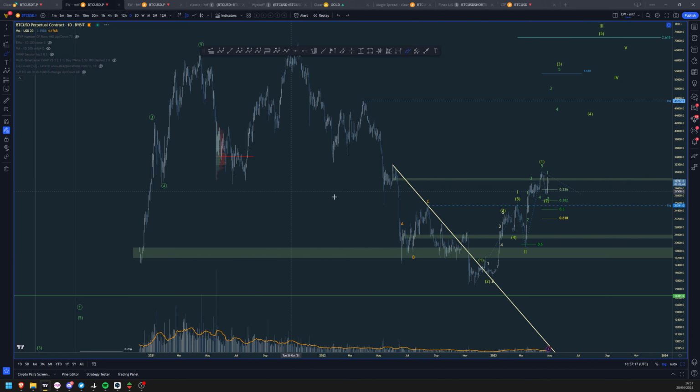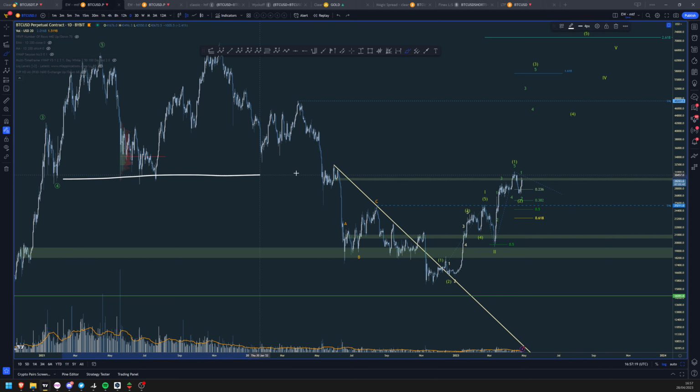But even if you don't do Elliott Wave, you know that you are at a very important resistance here, and if you claim that resistance, then you have kind of a lot of void here. Next liquidity is a lot higher. So that's true for a lot of different kinds of technical analysis, I believe.